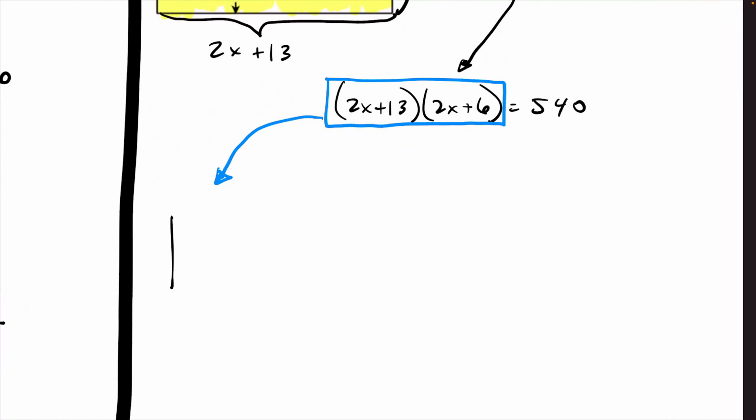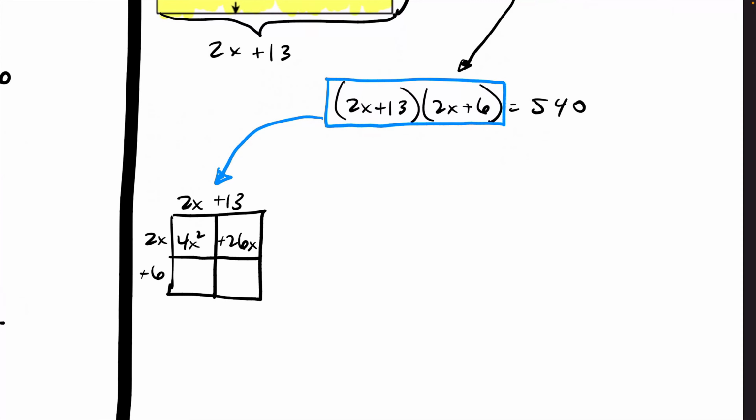So we get 4x squared plus 26x plus 12x. And the last one is 13 times 6, 78.